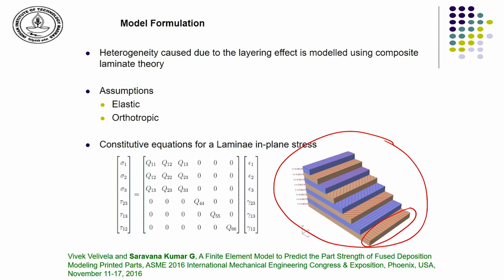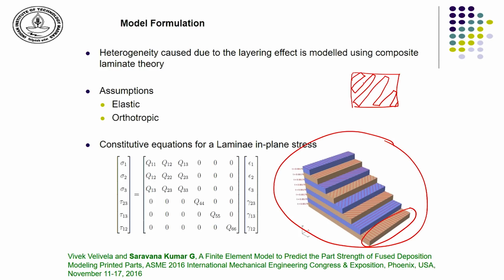Let us say I am going to build a component using additive manufacturing; the material is laid up in each layer using some hatch pattern. These could be the paths that are being traversed by, let us say, the fused deposition nozzle, the nozzle that dispenses the plastic, or these could be the paths that are traced by the laser for sintering the plastic that is available on the table.